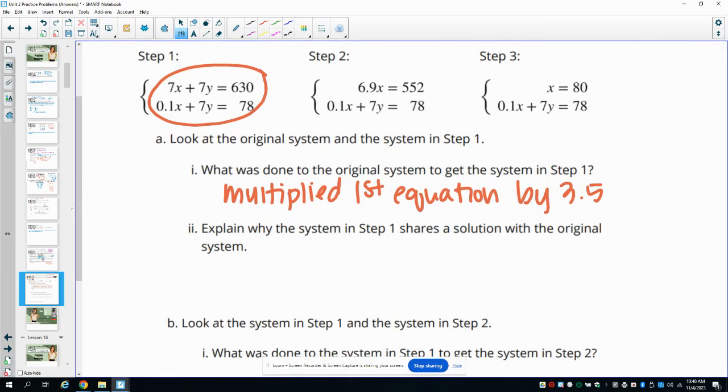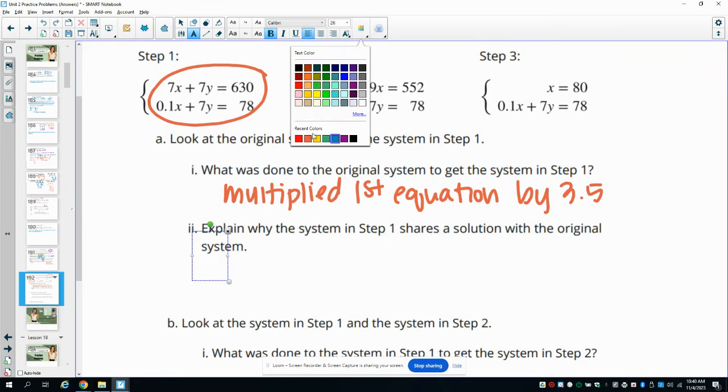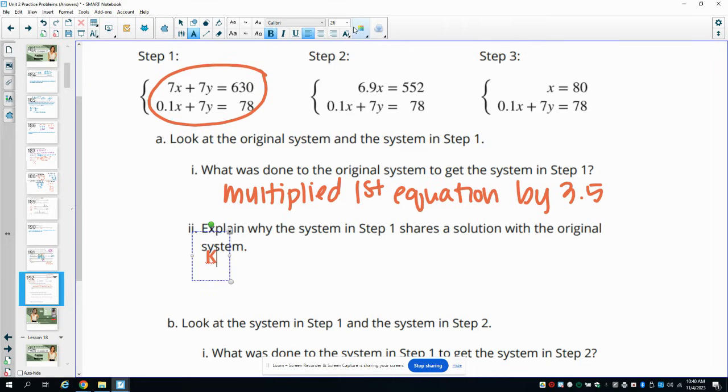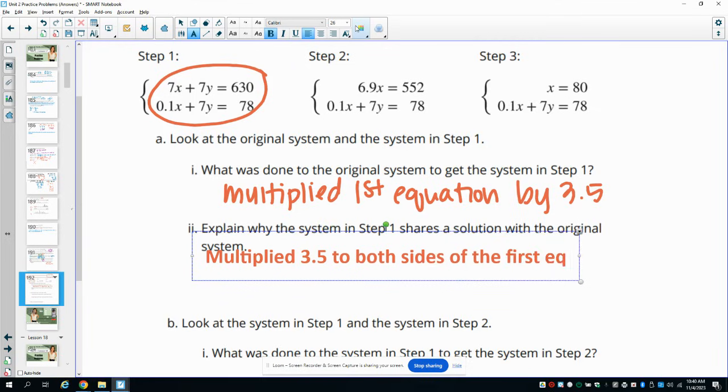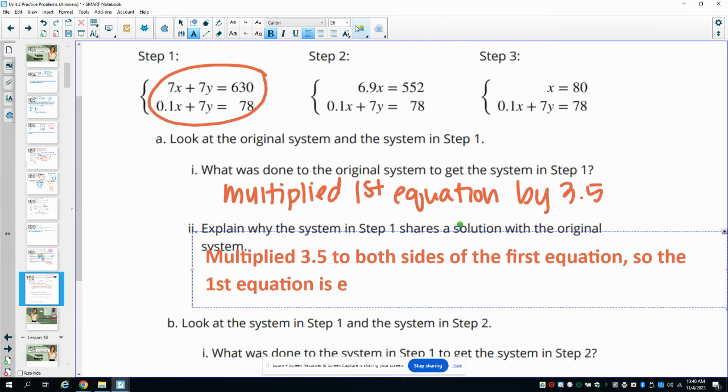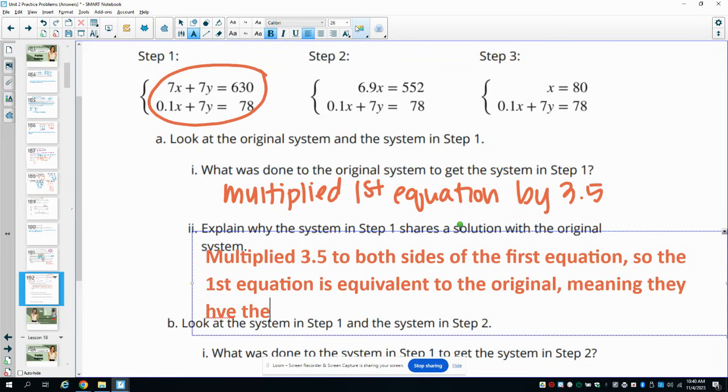And then explain why the system in step 1 is equivalent. So remember, this is the idea that if we do the same thing to both sides, okay, so we multiplied 3.5 to both sides of the first equation. So the first equation is equivalent to the original, meaning they have the same solutions.